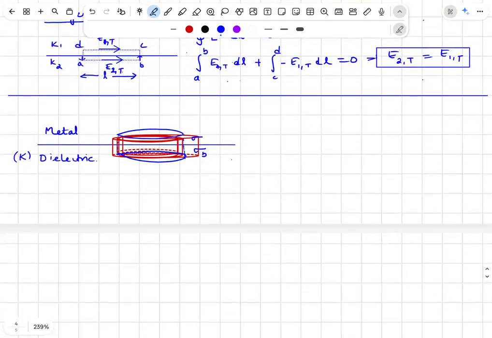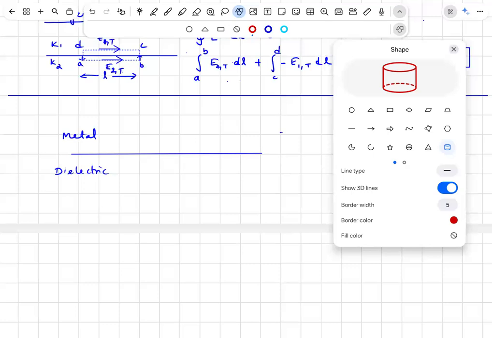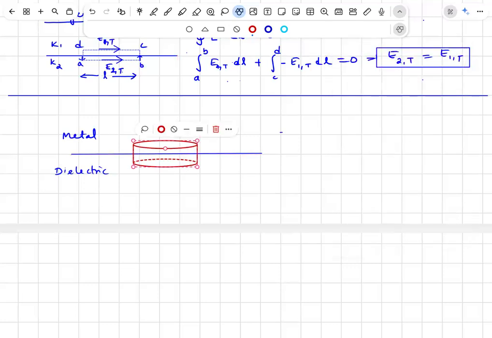Now, too many cylinders for this. Boundary, dielectric, metal is the last theory point. Right.